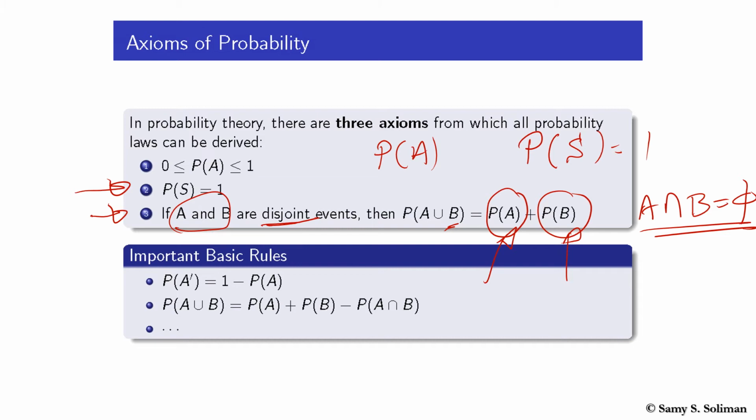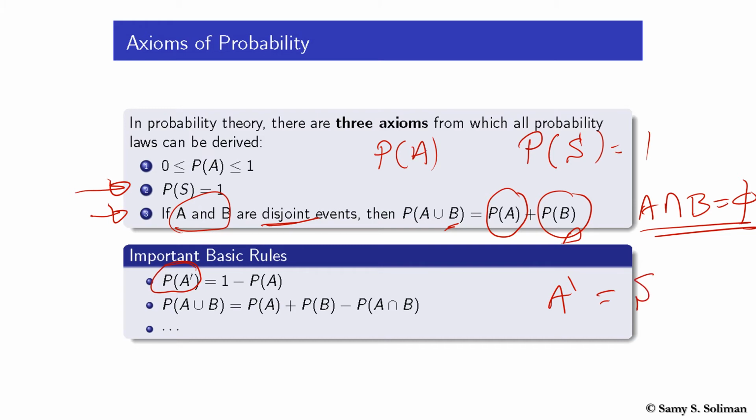From these axioms, we can derive some important basic rules. For example, if we want to calculate the probability of the complementary event of A. As we said before, the complement of an event is the complement with respect to the sample space.